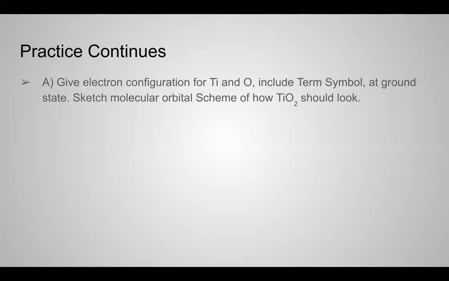So the first problem talks about electron configurations of titanium and oxygen and shows the term symbols at the ground state from that information along with the image I showed you. You have to obtain that in order to see an approximation of how titanium oxide will look as far as the molecular orbitals go.